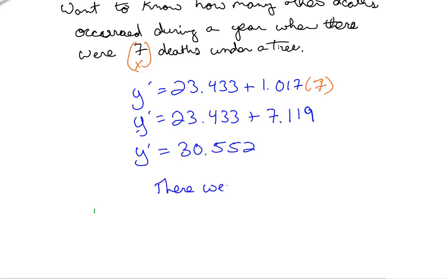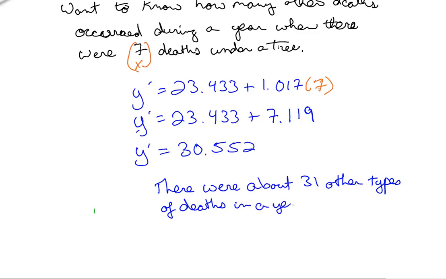So there were about 31 other types of deaths in a year when there were 7 deaths under a tree.